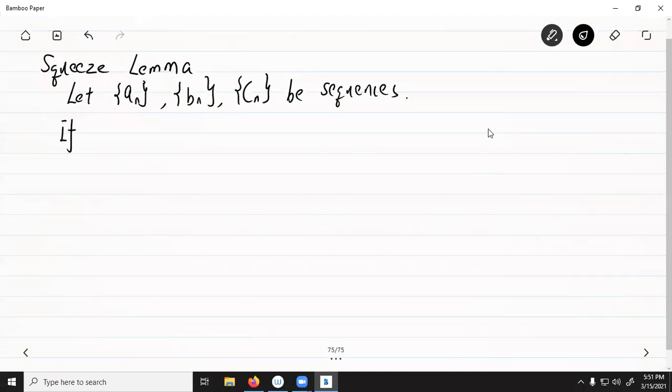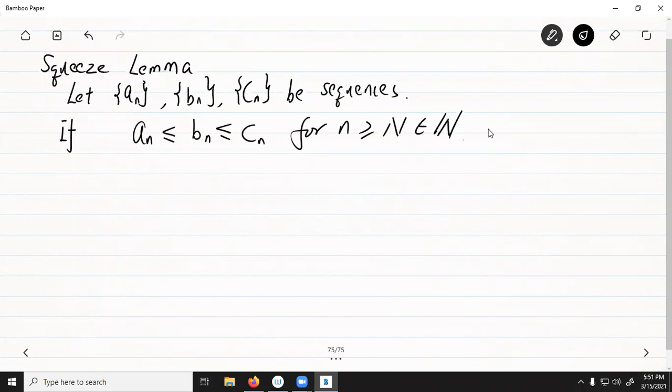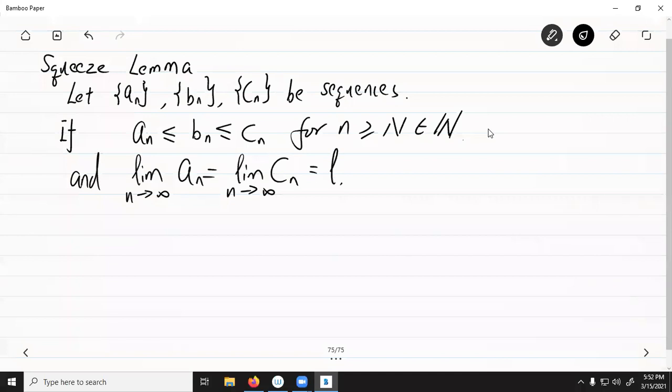If a_n is less than or equal to b_n is less than or equal to c_n for n greater than or equal to some capital N, which is a natural number, and the limit as n approaches infinity of a_n is equal to the limit as n approaches infinity of c_n, equal to L, then the sequence b_n converges to L. Okay.